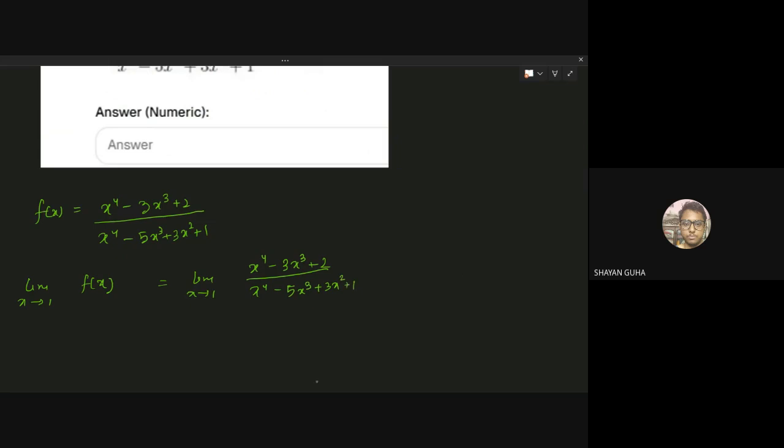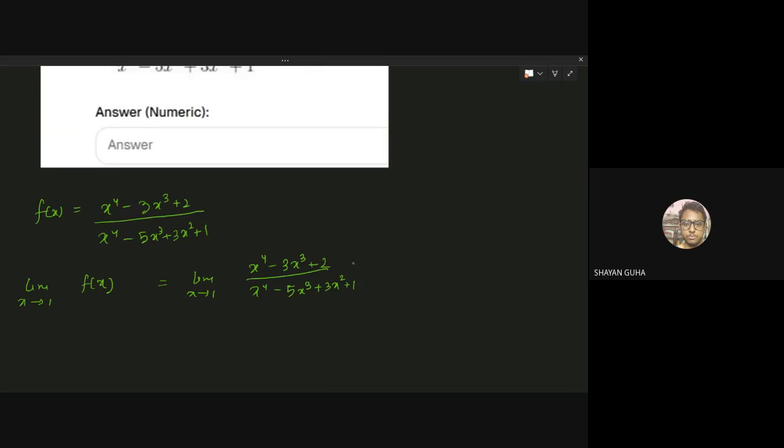This particular kind of problem you can solve in any simplification manner, but just for the sake of simplicity I am doing it with L'Hopital's rule only. Just now do one thing, don't try to write it.